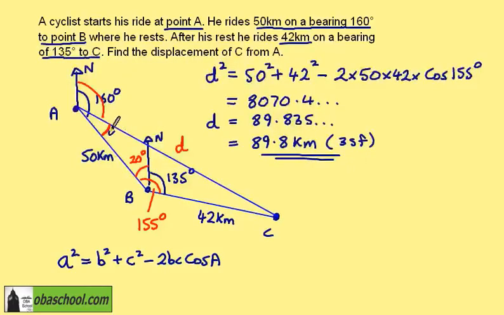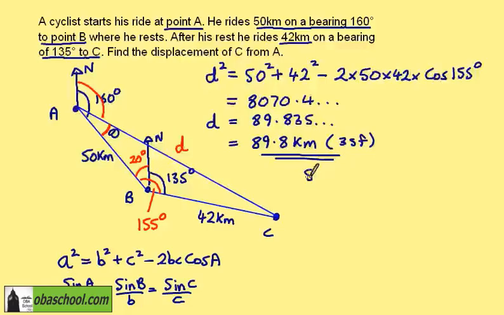In order to find the angle marked theta, we need to use the sine rule. If you're unsure about the sine rule or its use, you should refer to the appropriate section of the core course.